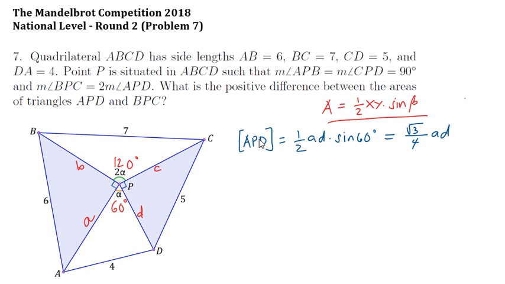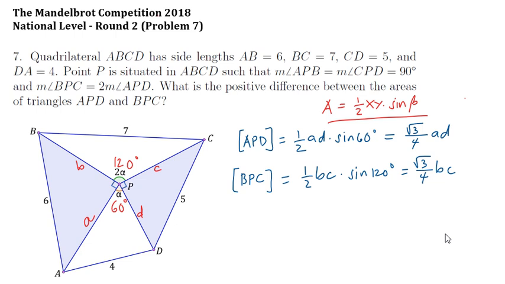Similarly, we can have the area of triangle BPC, and this is equal to 1/2 BC times the sine of 120 degrees, which is also square root of 3 over 2. So this expression simplifies to square root of 3 over 4 BC.